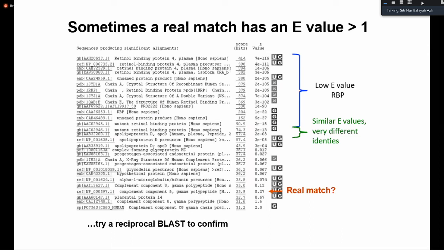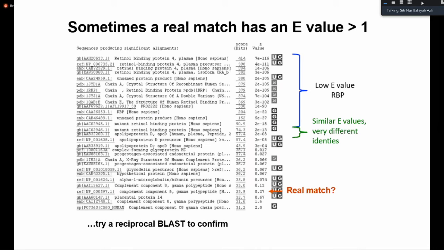If you want to confirm whether those two are matches, use the same settings, but now rather than using X as the query, you use Y as the query, and expect X to be in the list. If it is in the list, it's a real match. If it's not in the list, then maybe you can discard it according to your judgment.